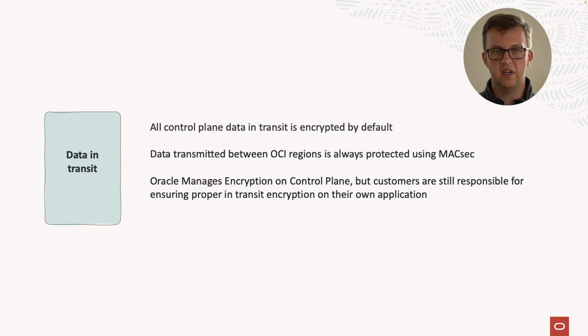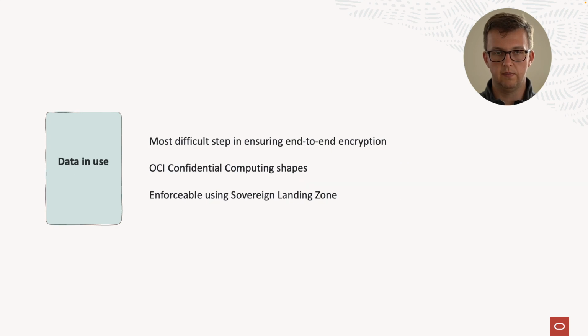Customers utilizing FastConnect for private connections between their on-premise data center and OCI can also enable MACsec encryption to secure this traffic. While Oracle manages in-transit encryption for control plane components, customers are responsible for implementing encryption for any in-transit data associated with their custom components or applications in their tenancy.